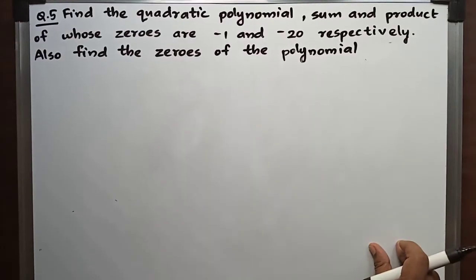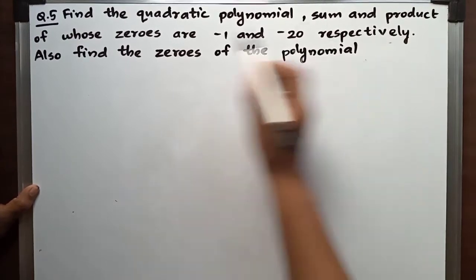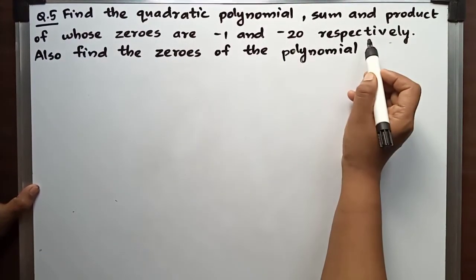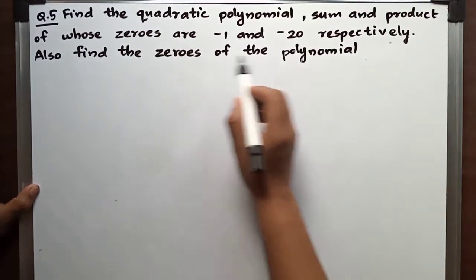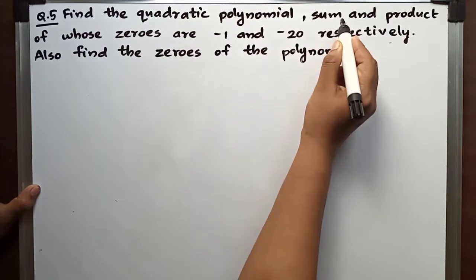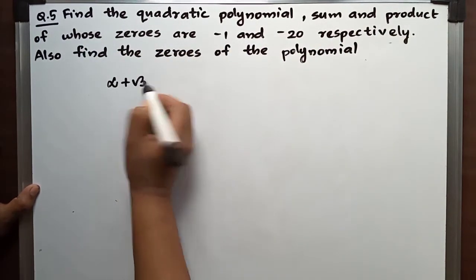This is our fifth question. Find the quadratic polynomial, the sum and product of whose zeros are −1 and −20 respectively. Also find the zeros of the polynomial. Anyways, the sum and product of zeros are given. Let alpha, beta be the zeros of the polynomial.